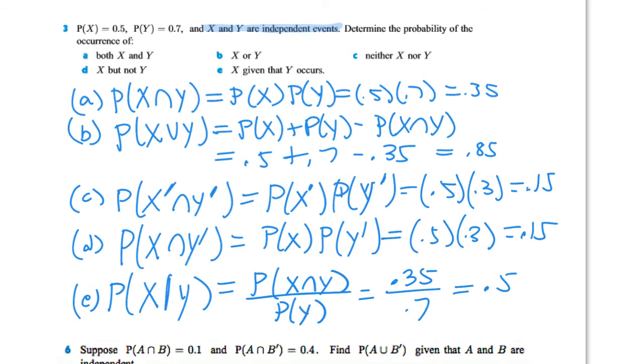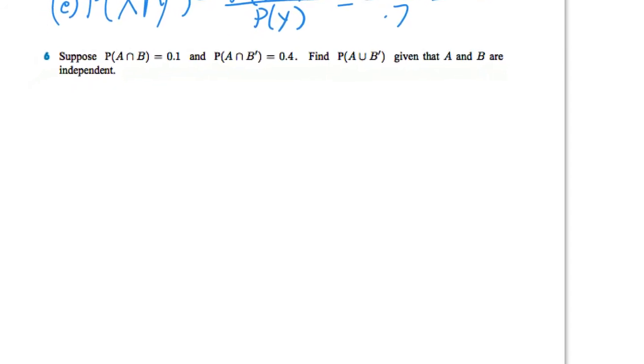All right, so you can see that the problems in this section should feel like we're just kind of following rules and formulas. Question 6, another list of given probabilities, and also the important information that the events being described are independent. So if we're describing events as independent, we have to know how we're going to use that.